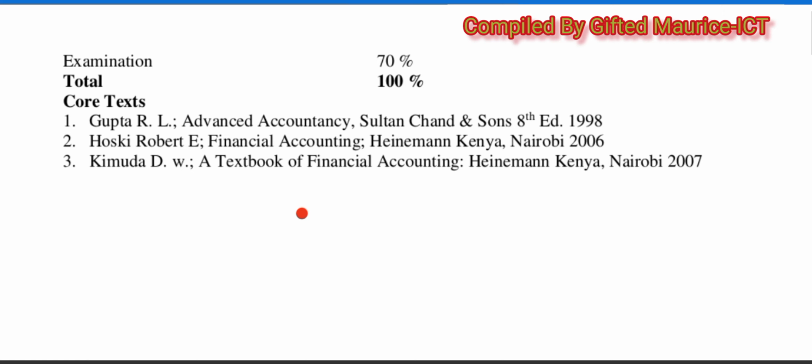So those are the core texts of the course, but of course you should be able to access other learning materials that are relevant to the course content that we have just gone through.